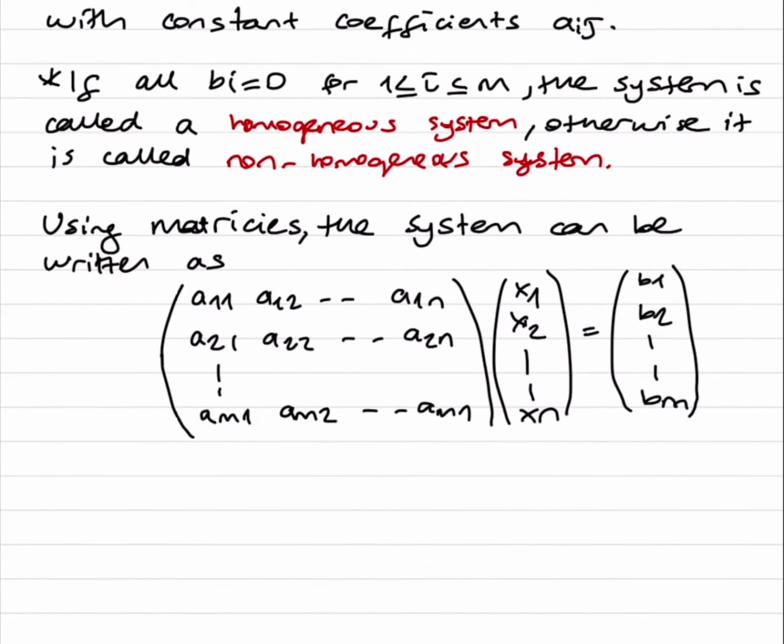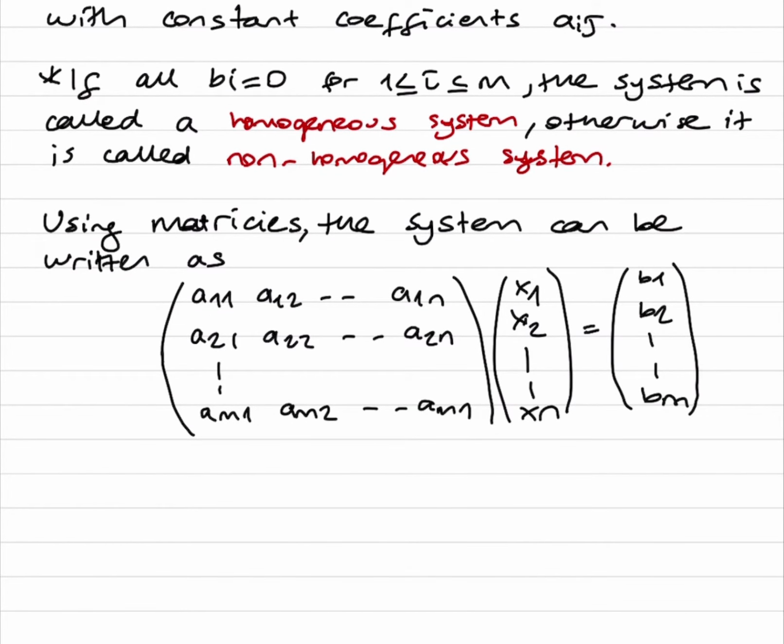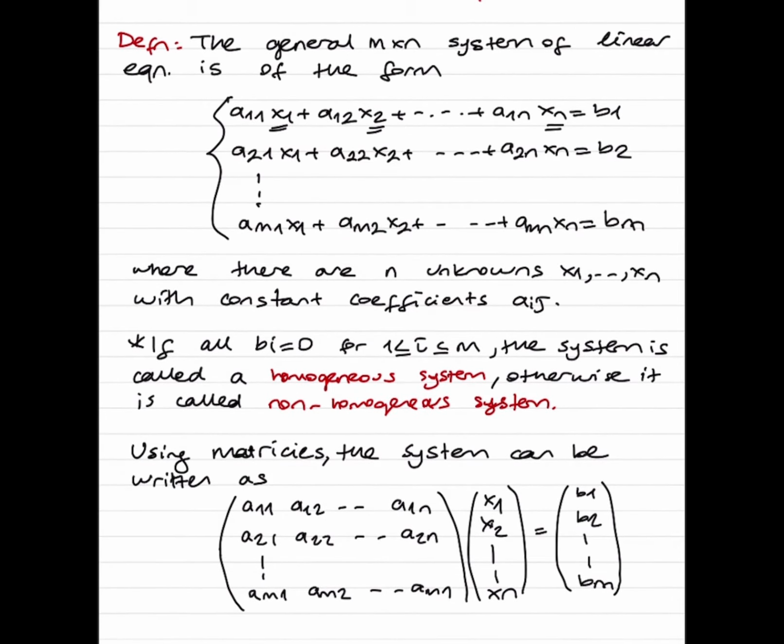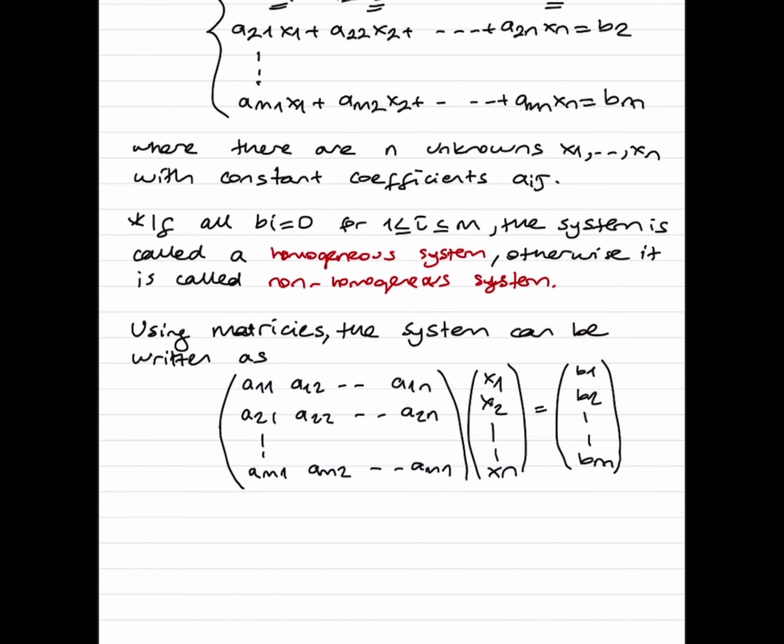So we will write this system, okay, maybe I will make it smaller, in terms of matrices. So the matrix A times x.